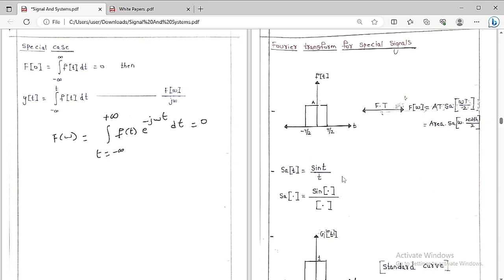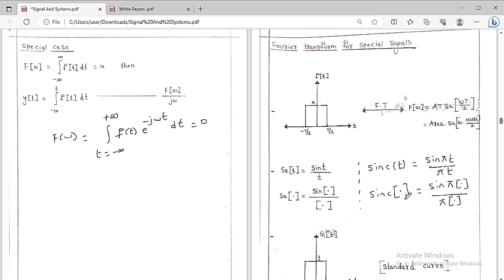And there is also one more formula. These two formulas you always have to keep in your mind. Sinc of t is nothing but sine pi t by pi t.